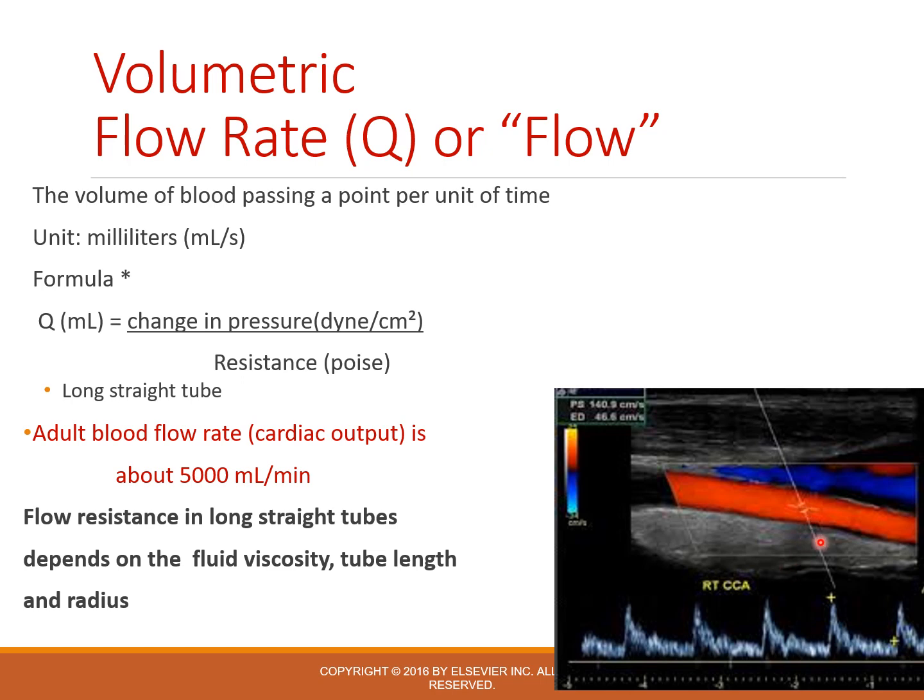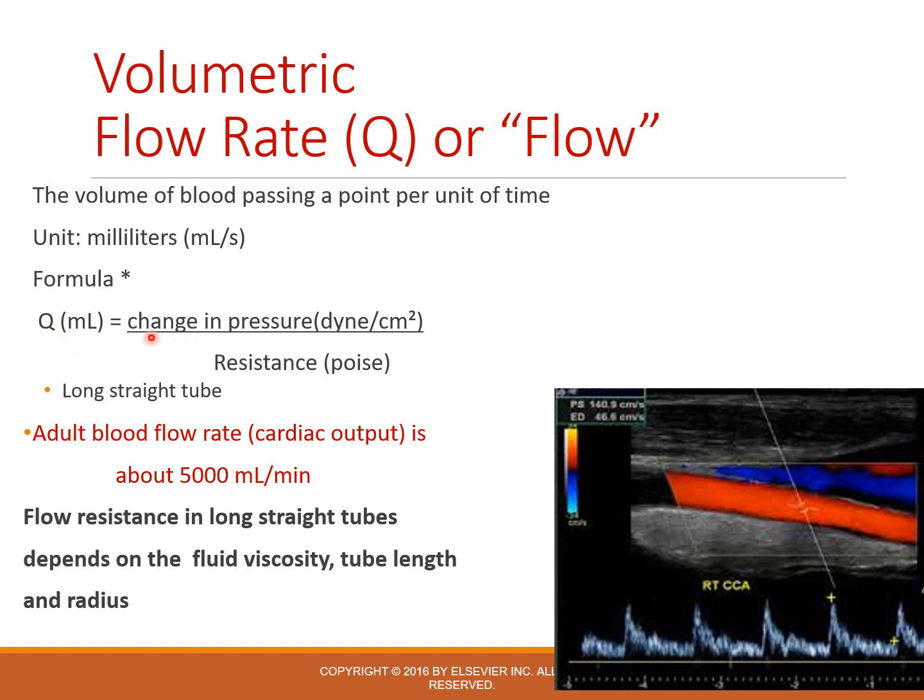And when we have this little cursor, we have some control over it, and we're going to talk about how you utilize that. But basically what our system is doing is detecting the flow right at that spot in between those two cursor lines and calculating the flow in that particular area over a unit of time.